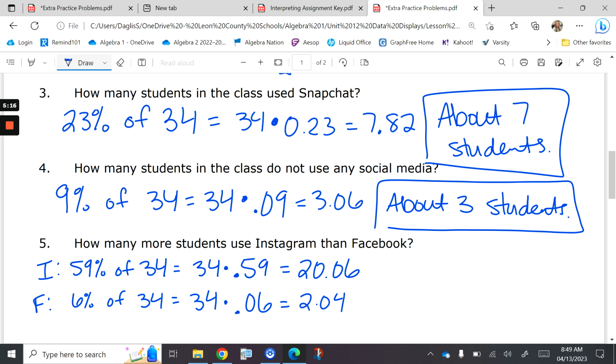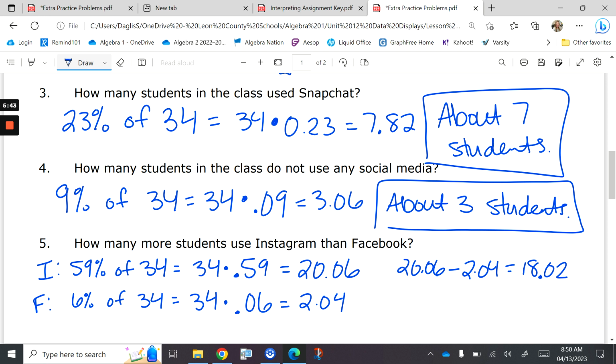Okay. So 20.06. So I'm not going to round until the very, very end. So I'm going to take my 20.06. I'm going to subtract my 2.04. That's the difference between the two. Difference means subtract. And that gives me what? Yeah. 18.02.